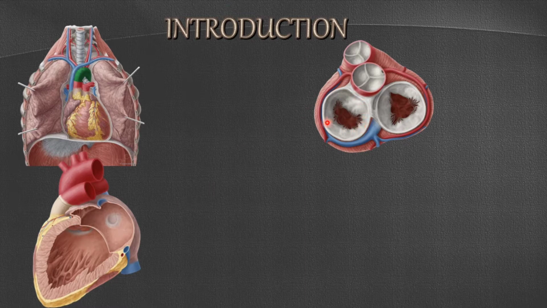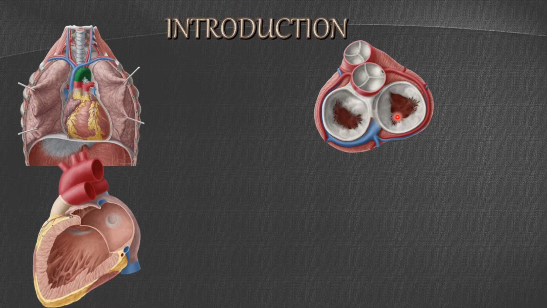So these are the fibrous rings which surround these openings, and then there are leaflets attached to the ring. These are the two leaflets, 1 and 2. There are 3 leaflets on the right side. So this is the tricuspid, with 3 cusps, and this is the bicuspid, with 2 cusps.